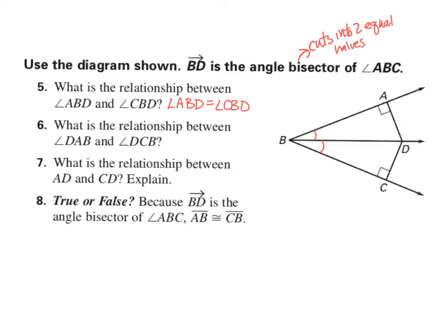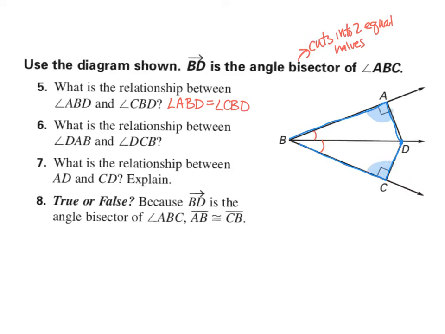Number 6, what is the relationship between angle DAB and angle DCB? So notice that here, DAB is going to be focusing right here on this angle, and DCB is going to be focusing right here on this angle.